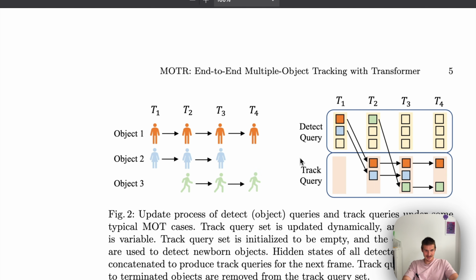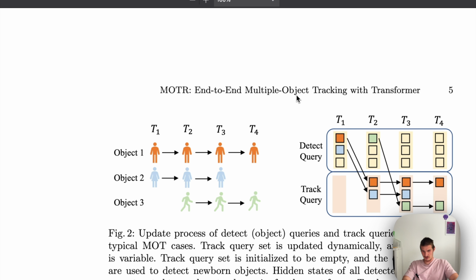I want to come back to the screenshot from the paper again and reiterate what has happened. First of all, the big thing that I don't like about this model, and TrackFormer as well, and the whole series of so-called end-to-end transformer object detectors, is that they're not actually end-to-end. Let's say we are looking at frame 1.